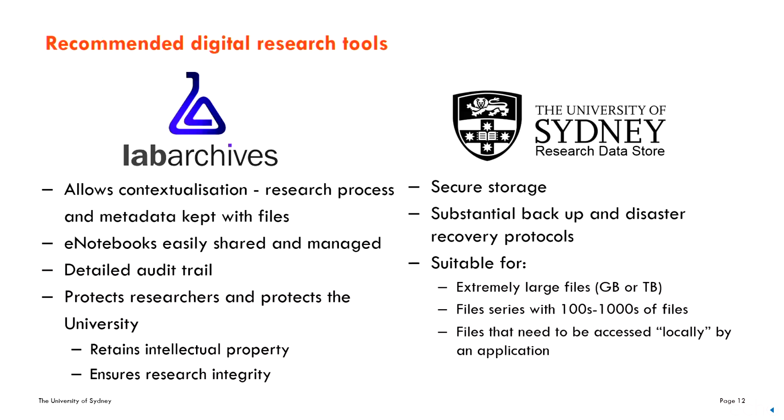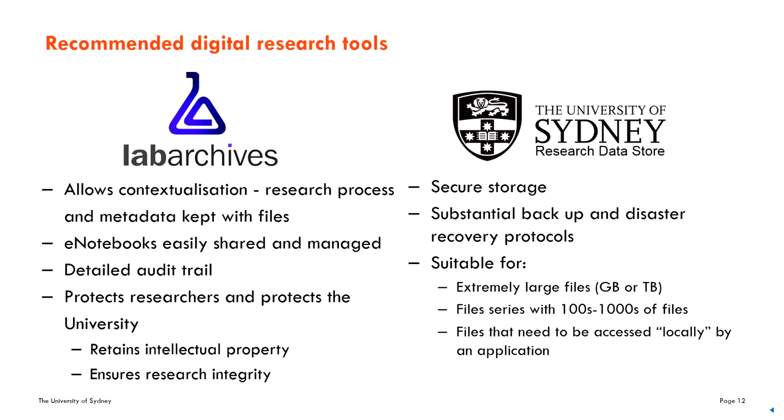So both of these tools have a series of advantages and also limitations associated with them. This slide is listing some of the advantages. So firstly, for the e-notebook, it allows contextualization of the research process, and that's one of the key features that we really love about this particular tool.